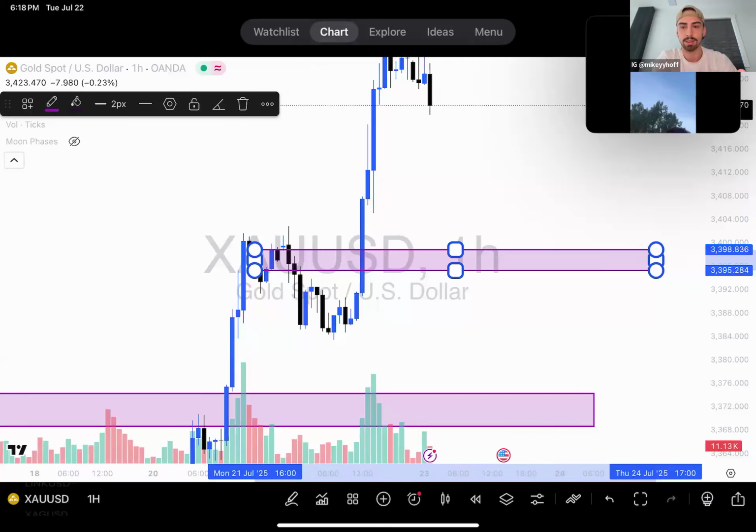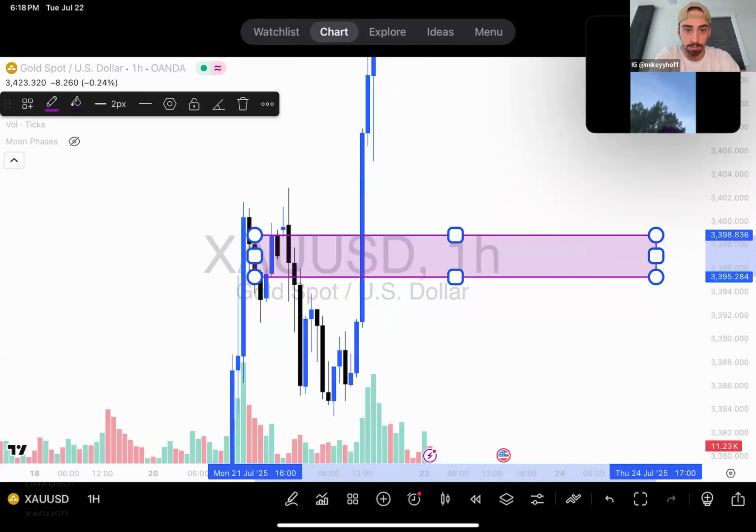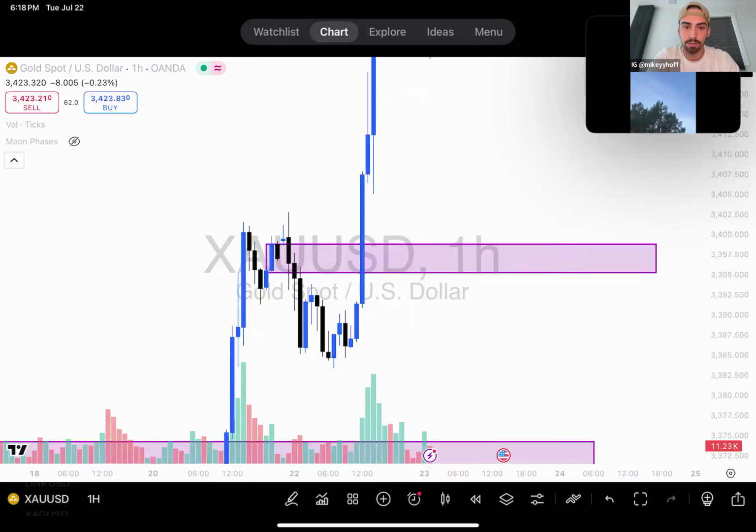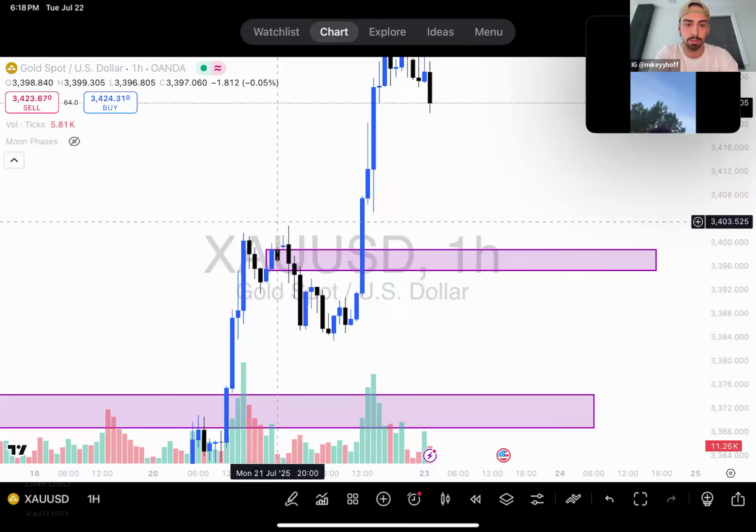If you're trading USD CAD or CAD CHF, there are different ways that you calculate the pips for those specific currency pairs, right? So in this case, I'm going to be looking for this candle right here, this blue one.